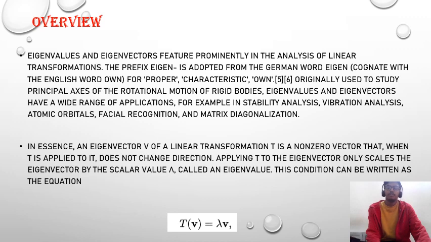Next, overview. Eigenvalues and eigenvectors feature prominently in the analysis of linear transformations. The prefix eigen is adopted from the German word eigen for proper, characteristic, own, originally used to study principal axes of rotational motion of rigid bodies.